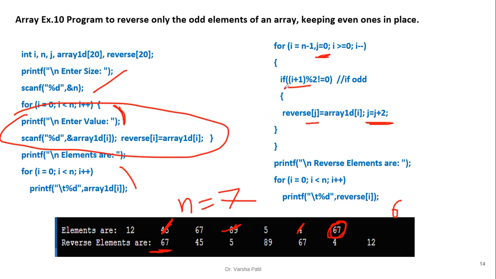That's why for simplicity I take i plus 1. Even you can do the program with i also. So if odd is there, I am copying into the jth location, but I am incrementing j to the next location. So next time it will see this. Now next time when it comes to 4, it will not go into the loop, so no operation will take place. After that it will go into the loop, take the 5 element and store the 5 here. Again it will increment j.